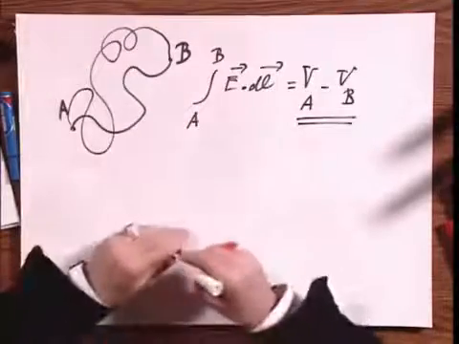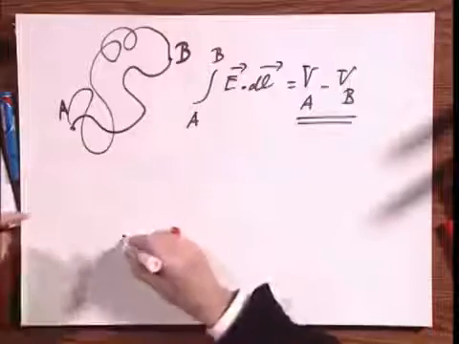If, however, the integral of E dot dl depends on the routing, then the electric field is non-conservative. It's very hard to imagine what that can be, but you're going to see this in the future with Faraday's law, and almost no one has any intuition for that. The whole concept of potential difference is then not even defined, because the integral of E dot dl from one point to another depends on the routing.